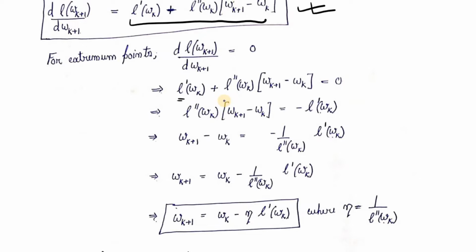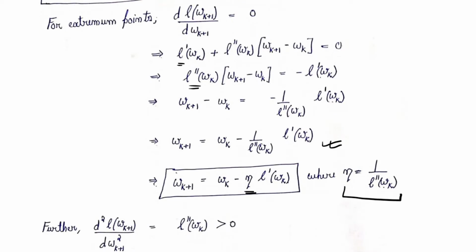Since wk plus 1 minus wk was multiplied by this term, it goes over here in the denominator, and the minus of wk goes to RHS, and this is how we are getting the final result. We rewrite with the fact that eta could be written as 1 by L double derivative of wk, and this is actually the learning rate which we are considering, and this is exactly how we get the gradient updation rule.